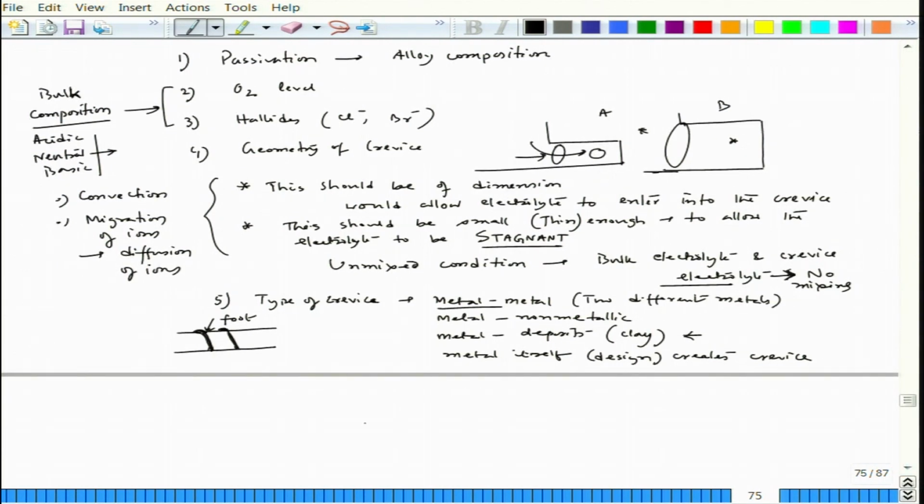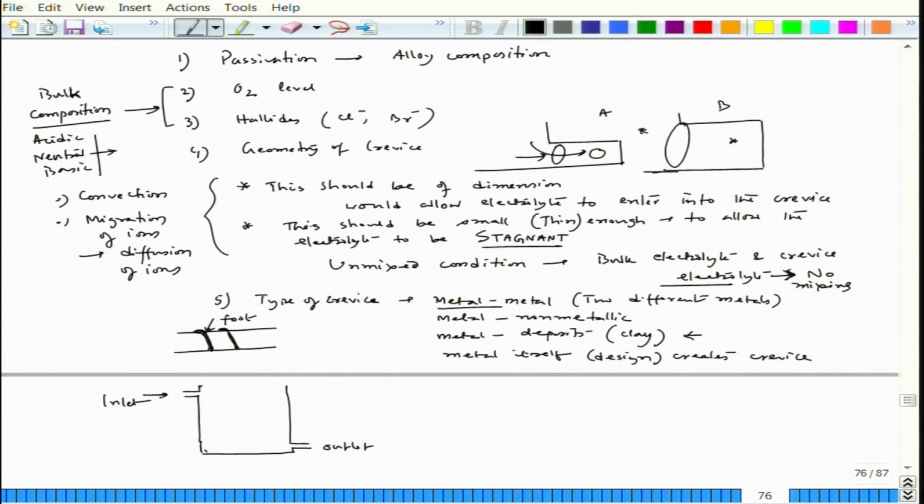Another example, let me show you one design. Let us say you have a water tank. So, this is a water tank, let us say this is inlet, this is outlet. Okay.